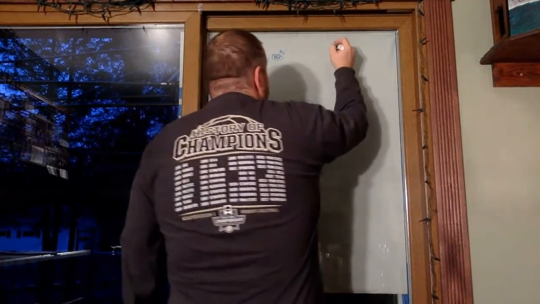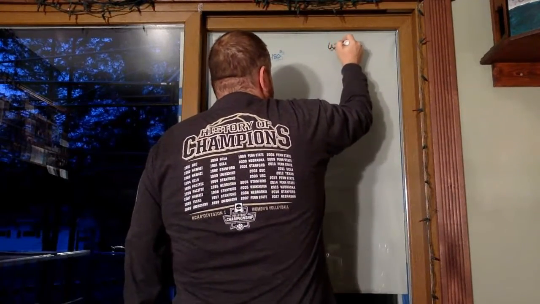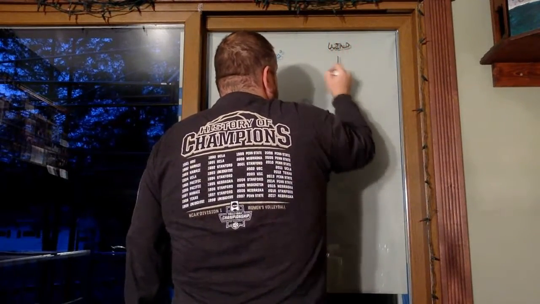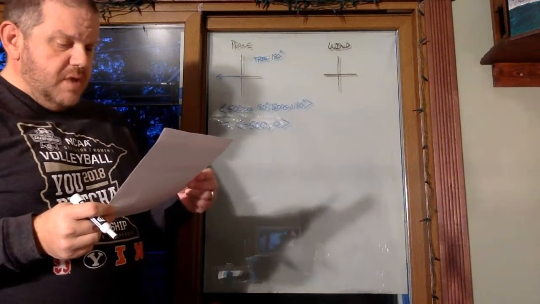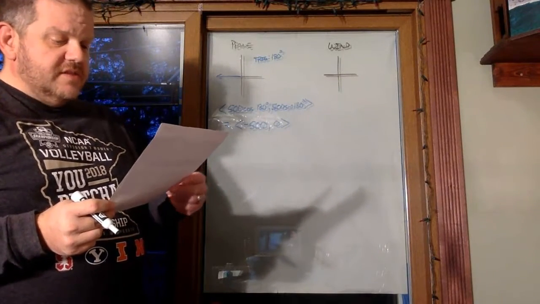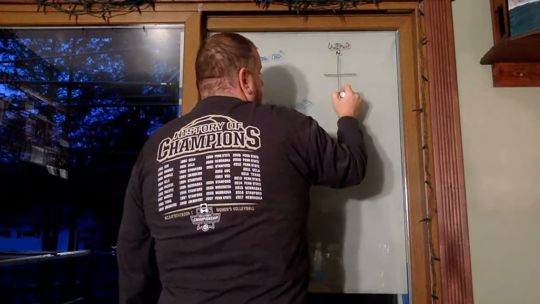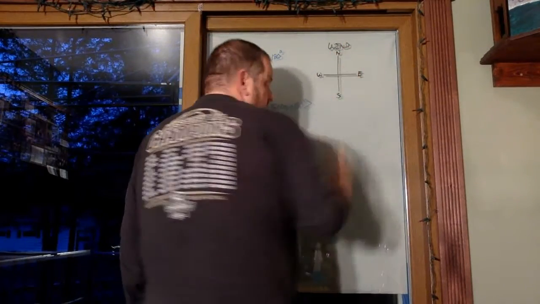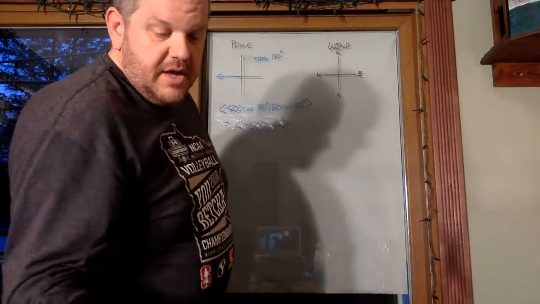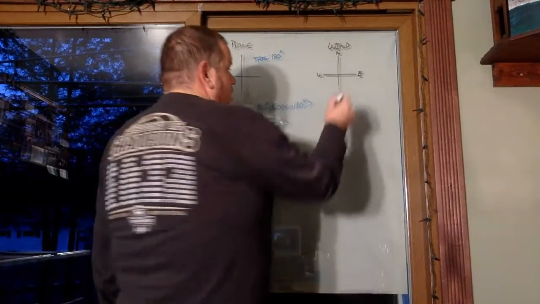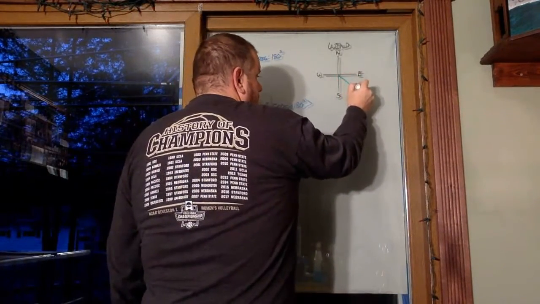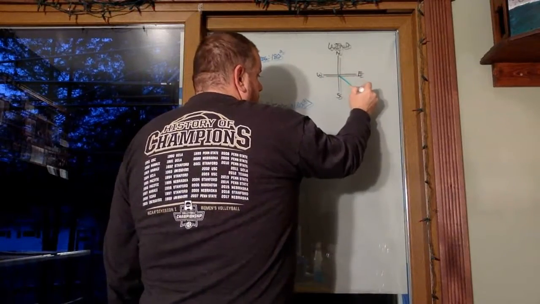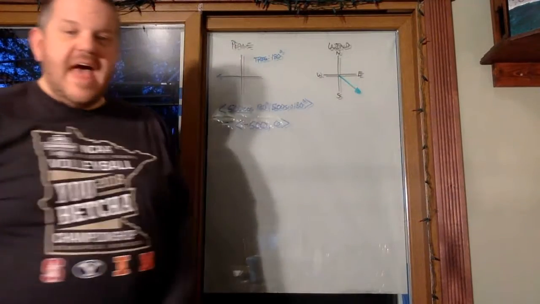Then we've got some wind action. The jet stream is in the southeasterly direction. So north, south, west, and east, in the southeasterly direction would be like that.